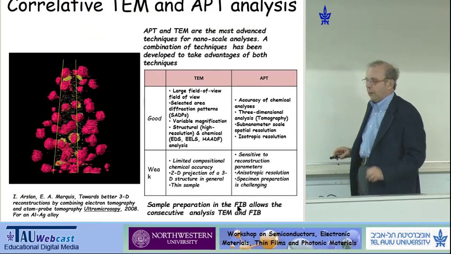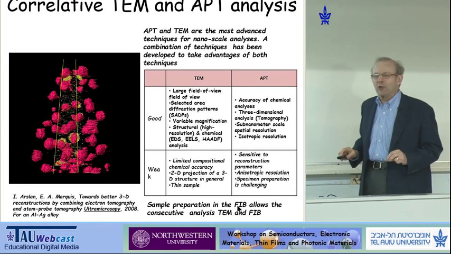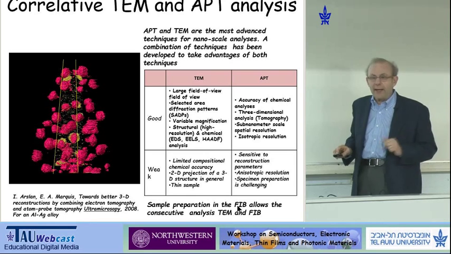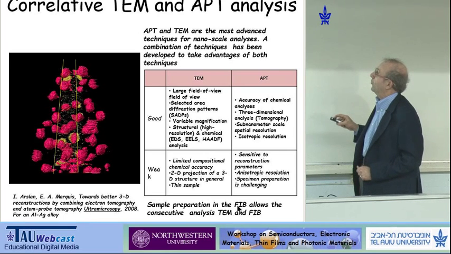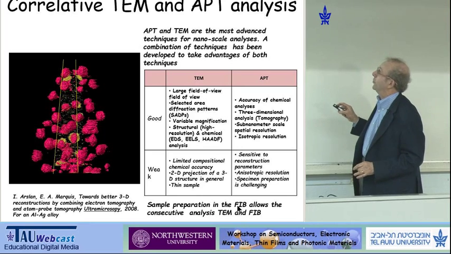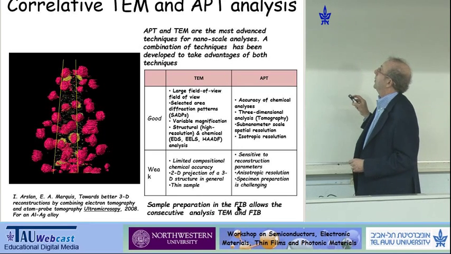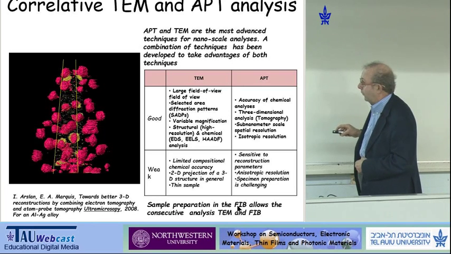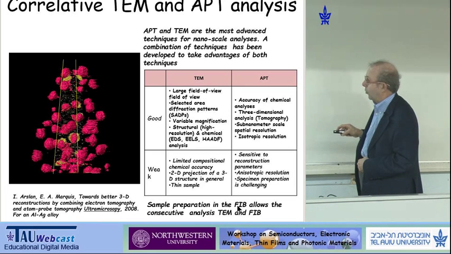Now, what we've been doing for many years, and we called it simply combined, we combined TEM with atom probe tomography, and now the buzzword is correlative, that you make a correlation between the 2 sets of results, TEM and APT analysis. And here's an example. It involves Ilka Arslan, then at UC Davis, and my former PhD student, Emmanuel Marquis, who was working at Sandia Livermore.